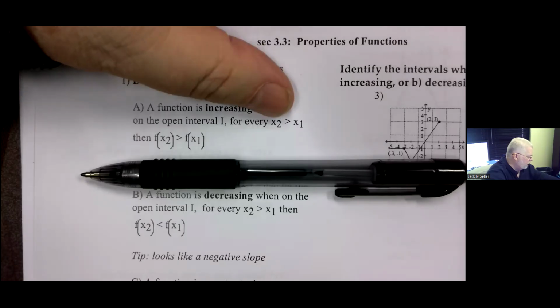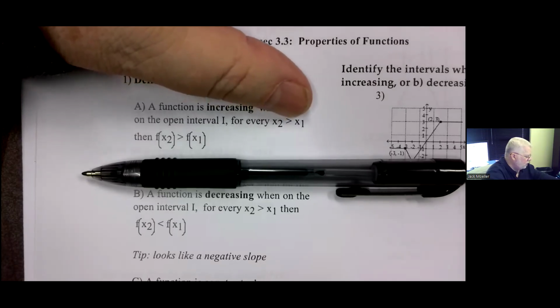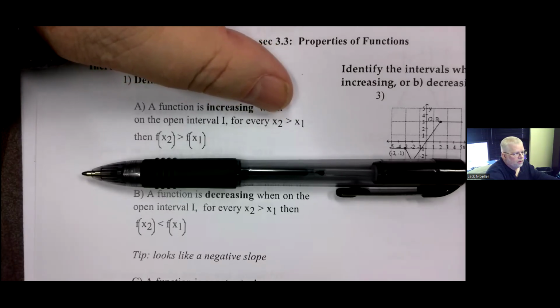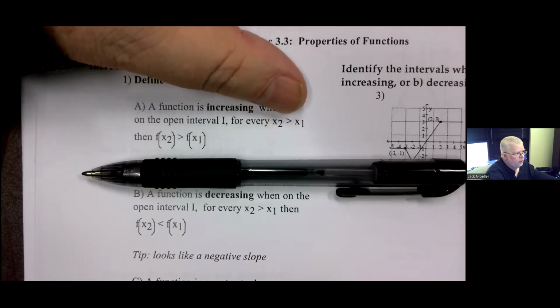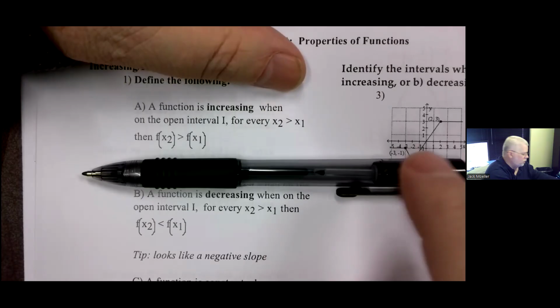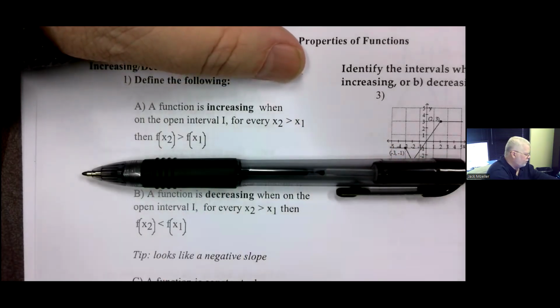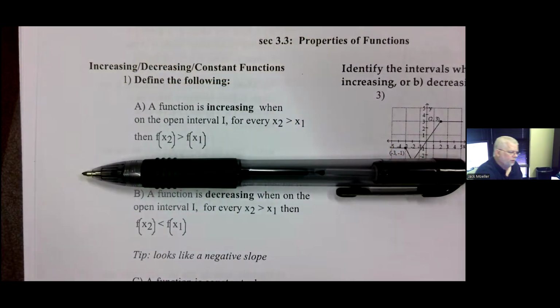And then for every x2 greater than x1, think about this. If your second x is bigger than your first x, what direction are you going on the graph? You're going to the right. So as we go to the right, then f of x2 is greater than f of x1. So what does that mean?